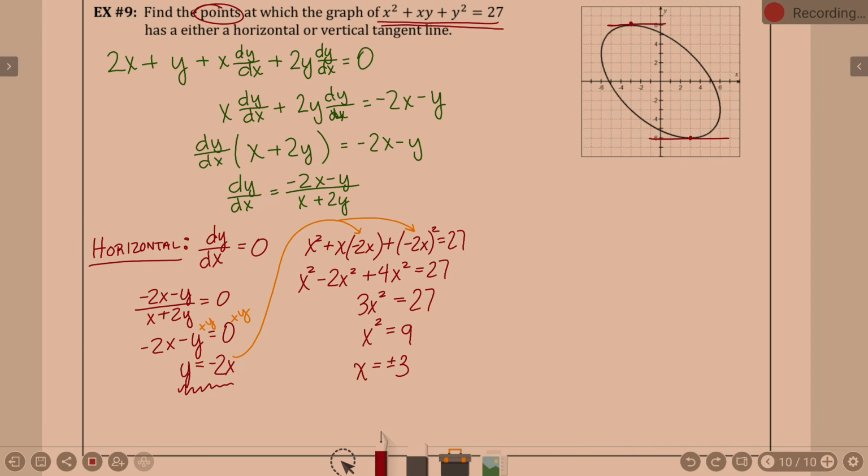And so I think I'm just going to put these down here. What'd we say? 3, negative 6. Negative 3, 6. Those are half of my solutions. That was horizontal.